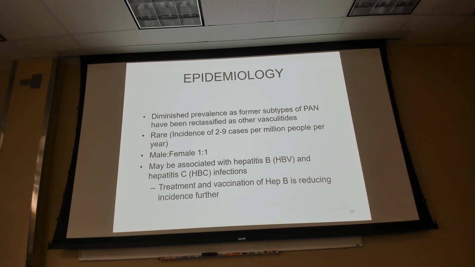As far as infections go, this one can be associated with hepatitis, right? So HBV and HCV could cause these things. If we are seeing this because it is likely associated with that, then we could use vaccinations to reduce the chance of this happening again.